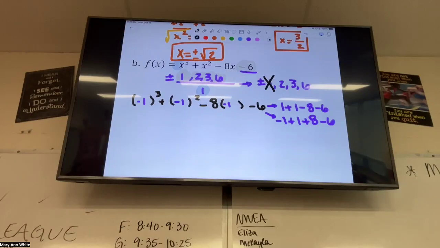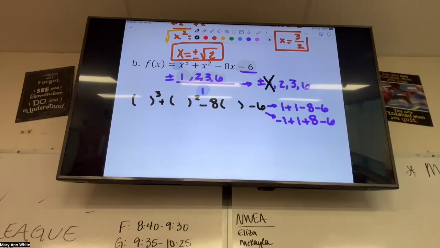At a certain point, you can start guessing what numbers may or may not work. Do we want to just go to 2 next, or is there another number you'd like to try strategically? Okay, let's think through it. Do we think a positive number is going to work here? If I cube a positive number and then I square a positive number, and then I multiply it times -8 and -6, will I end up getting 0, do we think?